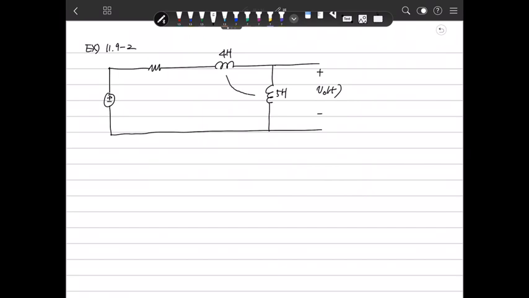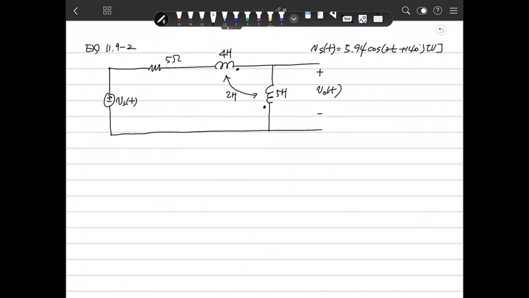And two inductors couple each other. So this is 2 Henry. This M is 2 Henry. And this is 5 ohm. This is a VS. And find the VO is a problem.